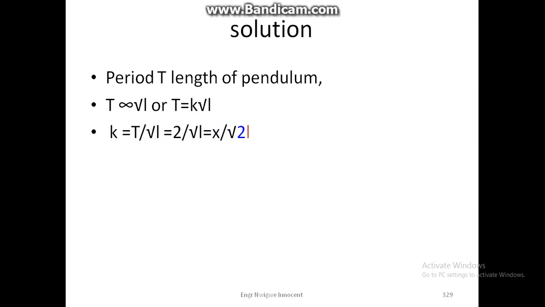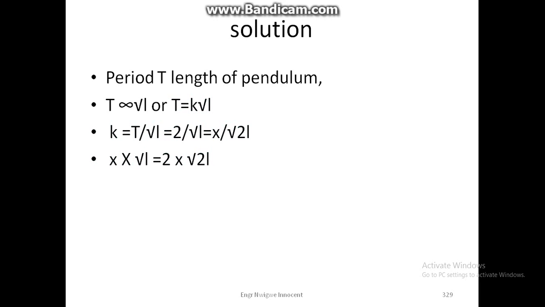K, the constant, is equal to T over square root of length, which is equal to 2 over square root of l, or which is now equal to x over square root of 2l. X times square root of l is equal to 2 times square root of 2l.